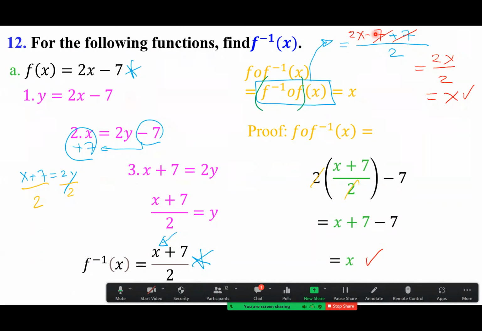Becomes 2x minus 7 plus 7 over 2. We can cancel out the negative and positive 7. We get 2x over 2, which is x. Also, let me do this. This was f inverse of x.